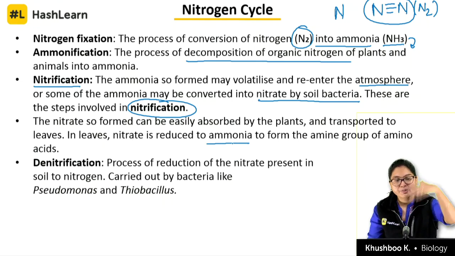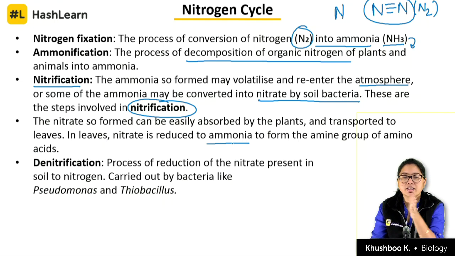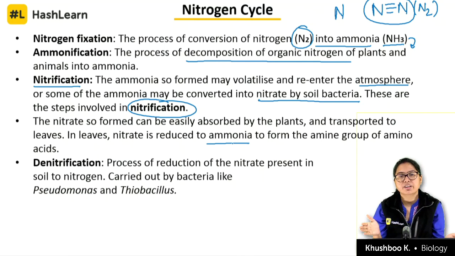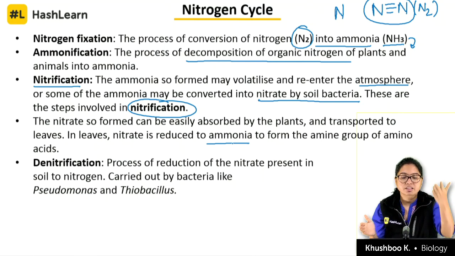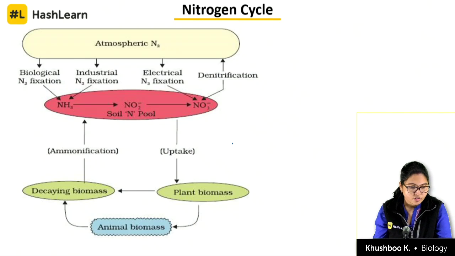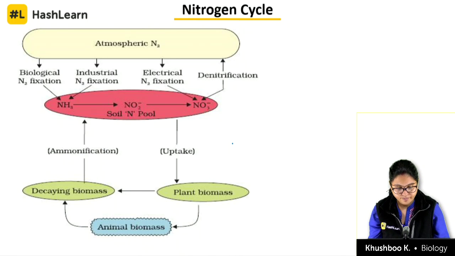If they are released back to the atmosphere, that is denitrification. Nitrogen fixation brings it in, you have nitrification here, and once it is released back into the atmosphere, that process is called denitrification. Now let's understand it with the help of a diagram.